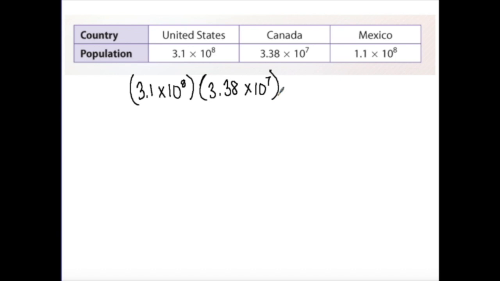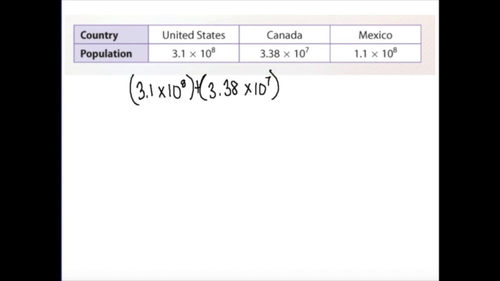So now, we're adding. Our first step was to make sure that the power of 10, when we're adding, needs to be the same. I have a power of 8 here and a power of 7 here.